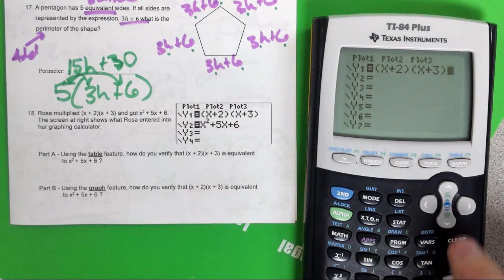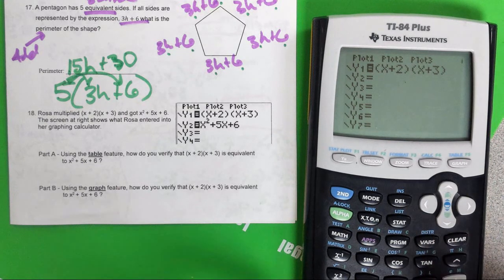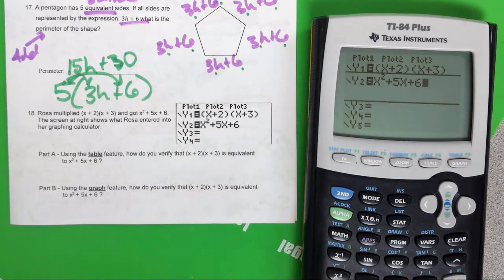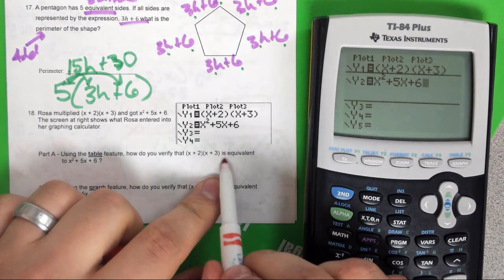And then y2, we've got x squared plus 5x plus 6. Part A says, using the table feature, how do you verify that y1 and y2 are equivalent? Well, again, equivalent just means same.